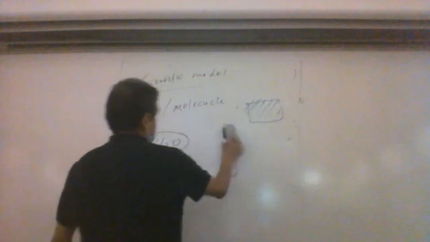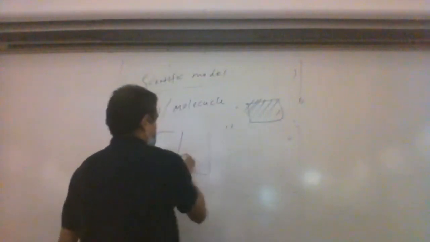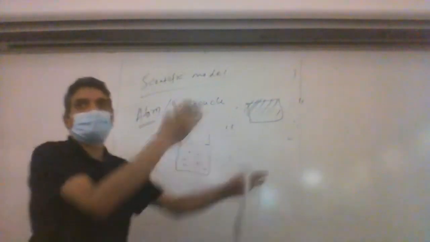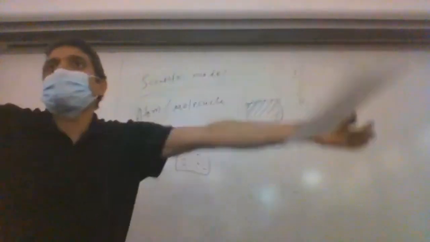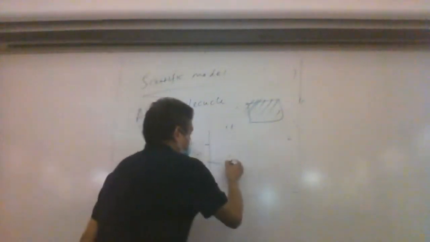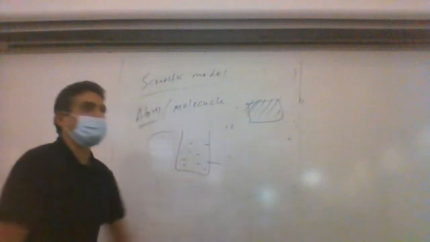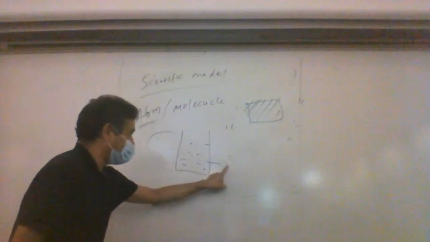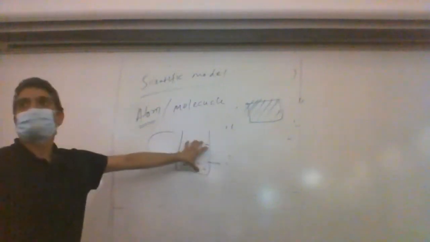And how about the molecule? Same thing. For the molecule, you take something like, let's say you have water here. Keep cutting that water, keep cutting, and finally you will reach the tiniest part of it, and that is the molecule. You see, and this one molecule has the same property as all this water.